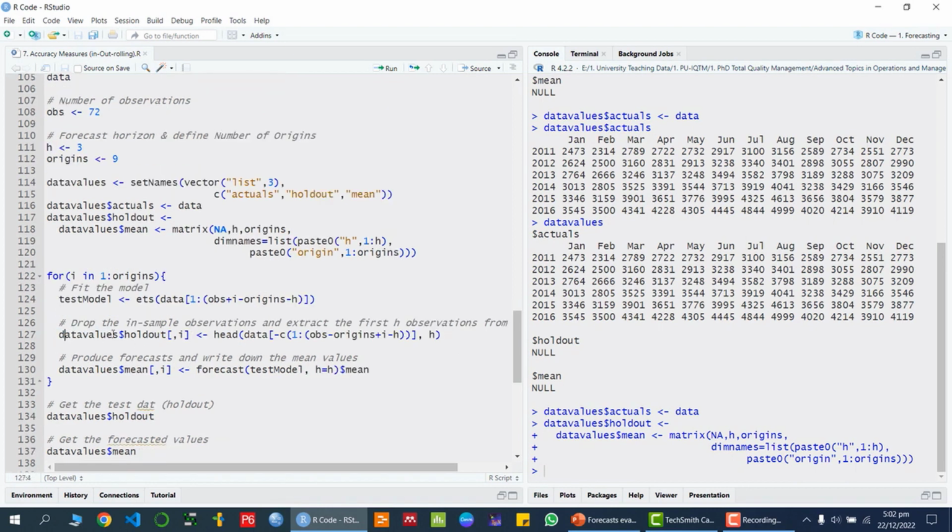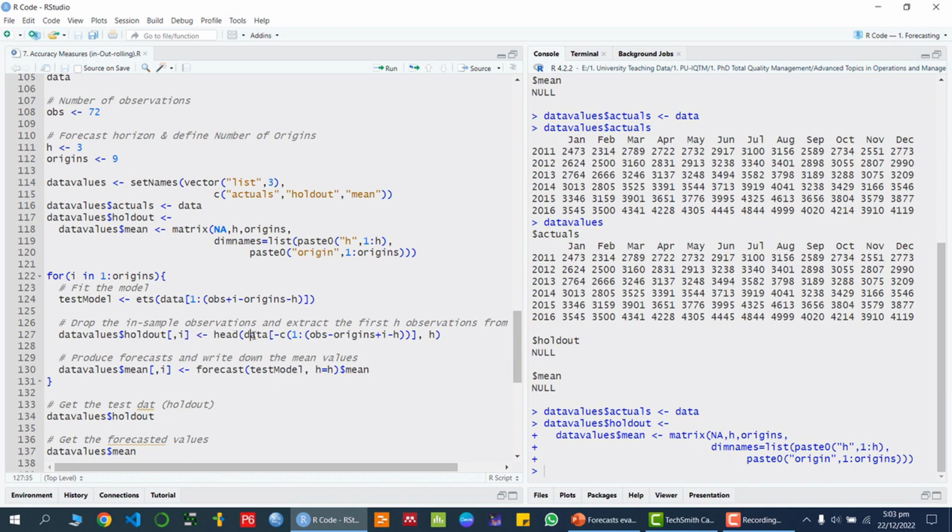Then with the help of this particular command, I am eliminating the in-sample observations, which means I am dropping those observations and only extracting the predicted values. So how can we do that? I am storing those values in a holdout variable, and this is how we are storing it: I am saying bracket comma i, which means the second column, that is the observation against the year.